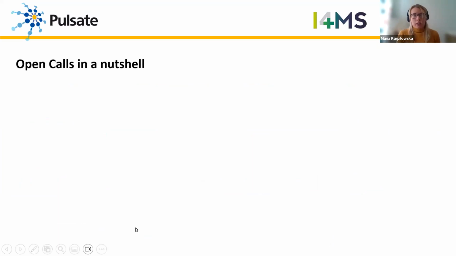So as I said, the main goal of Pulsate is to set up an open and sustainable network to promote and facilitate the uptake of laser-based technologies. So how do we address this goal in the project? One of the ways we do that is through the open calls.